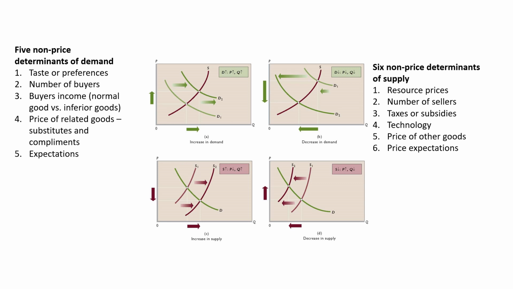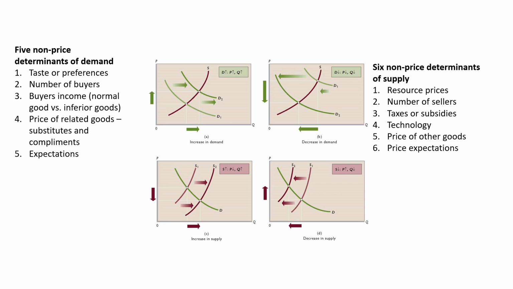Okay, let's say we're analyzing the market for soy, and in this case, farmers believe the price of corn will go up in the future. Well, then there's going to be a decrease in the supply of soy based on the price of other goods. Right? And then price expectations. If producers expect the price of the product they're selling is going to rise in the future, there'll be a decrease in supply today.